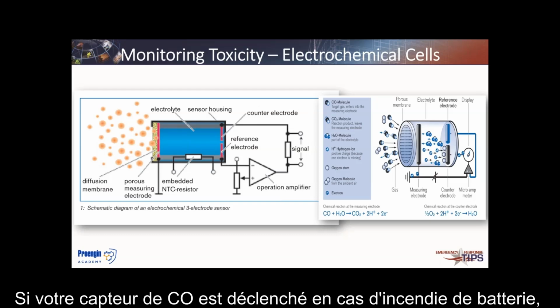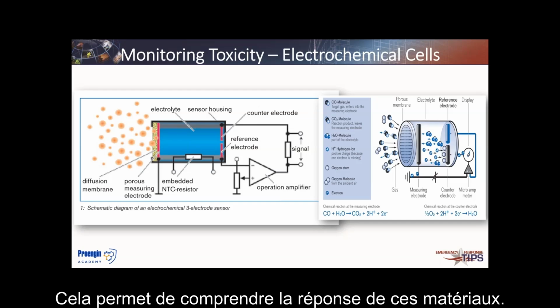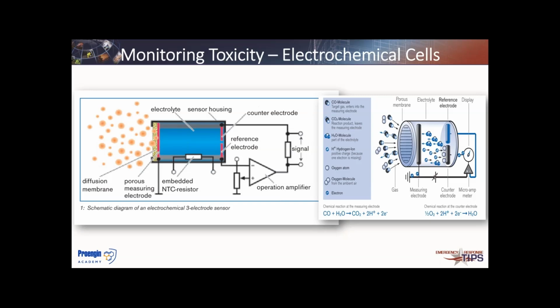So if your CO sensor is going off and you're dealing with a battery fire, it's giving you information on hydrogen and hydrogen concentration. If you know the correlation factor, you can actually determine that. It's another key tool giving us information on the hydrogen, which is another key attribute of these materials and how to understand the response.